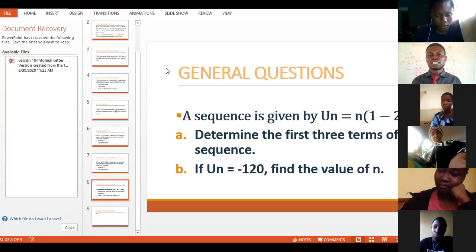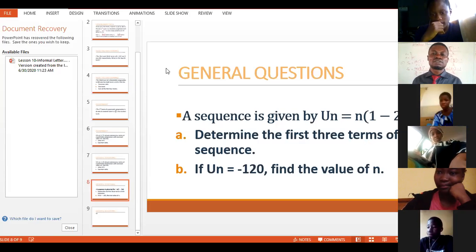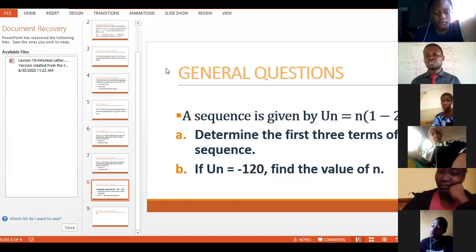This is a 1998 WAEC question, particularly one particular question. And this was exactly how it came. So how do you solve a situation like this? They say determine the first 3 terms of the sequence. If you want to determine the first term, put n is equal to 1. Find the value. Use that formula they've given you.